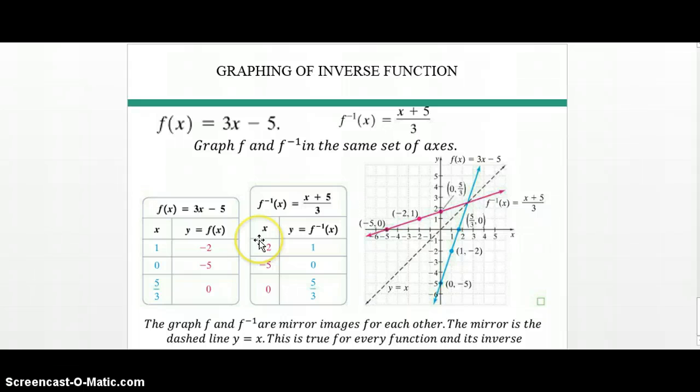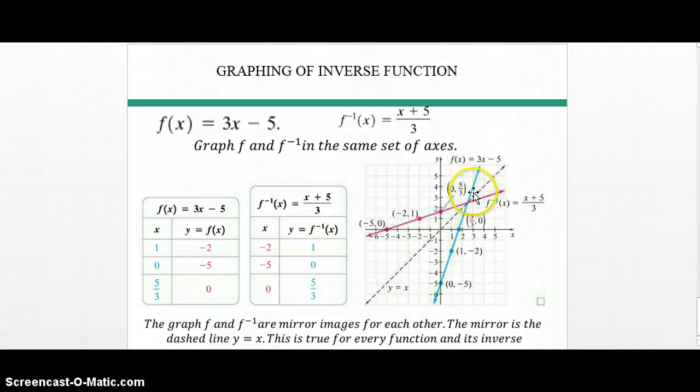Now let us graph these points on the same coordinate axis. Look at here, this blue line is the graph for f of x equal to 3x minus 5, and this red line is the graph for f inverse of x equal to (x plus 5) over 3, and this dashed line is the equation for y equal to x.